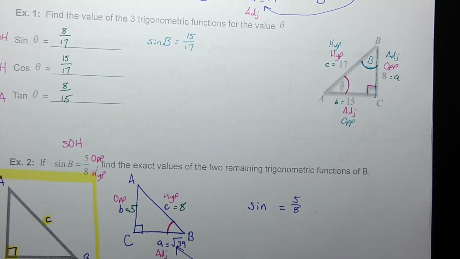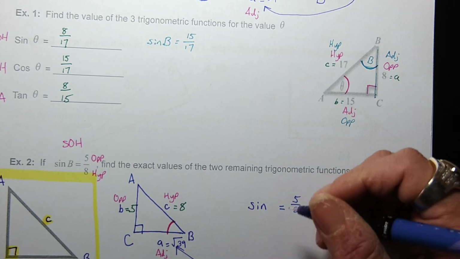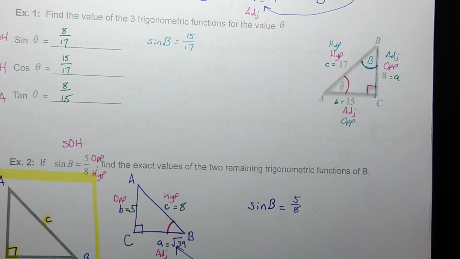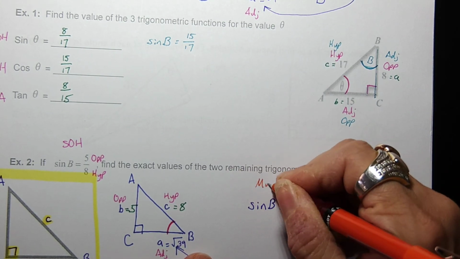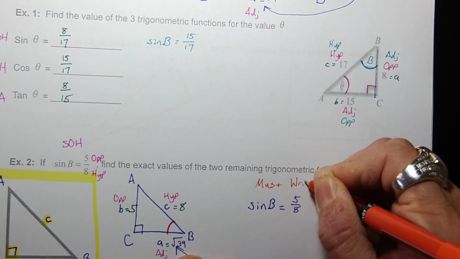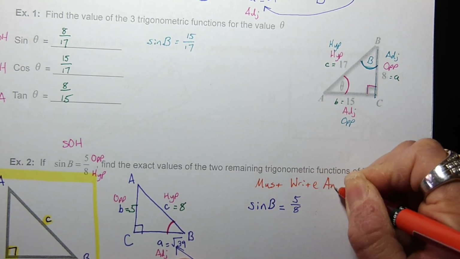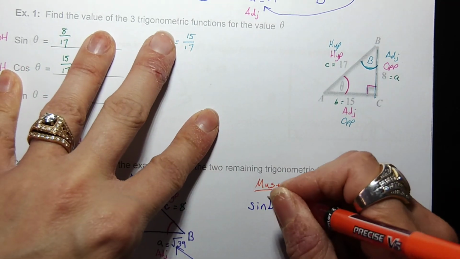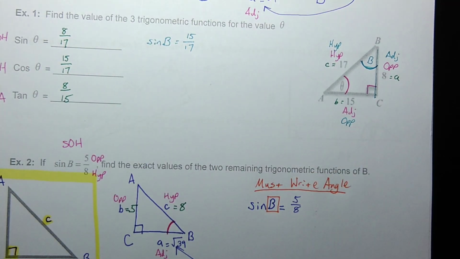So you have to include the angle name. It's not just sine is 5/8, it's sine of B equals 5/8. So you must write the angle. I'll be picky about that on the homework quiz. I will be picky about that on the test. So sine of B is 5/8.